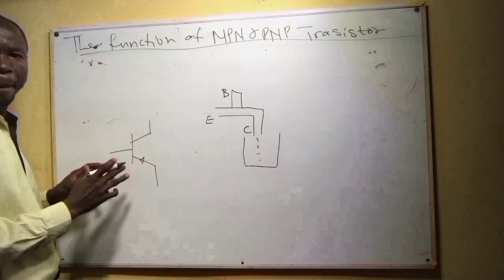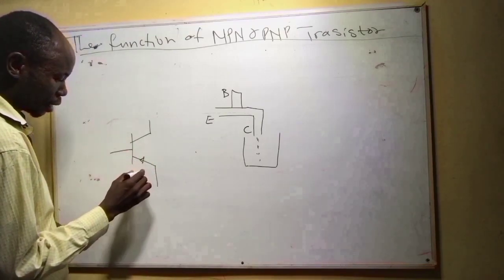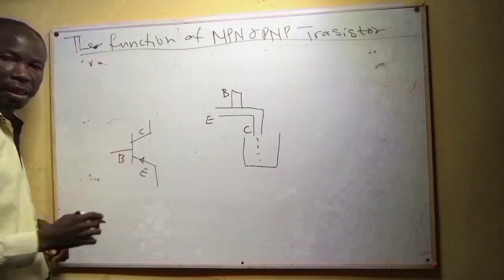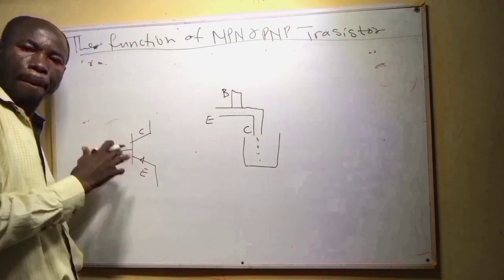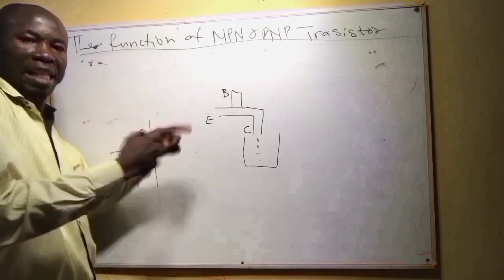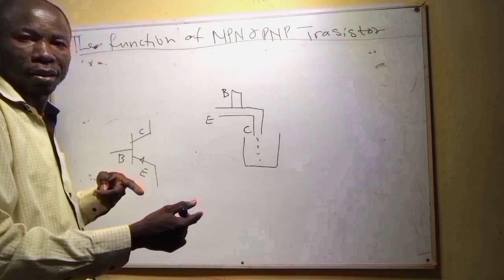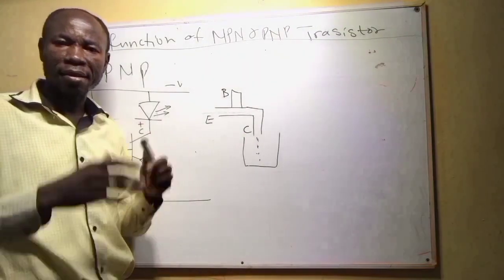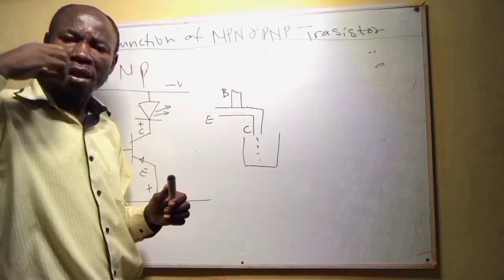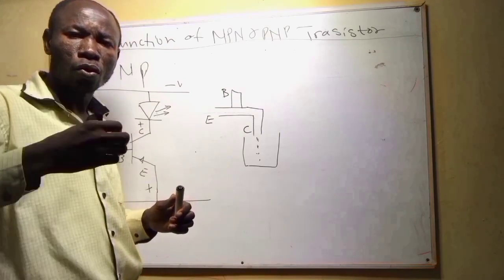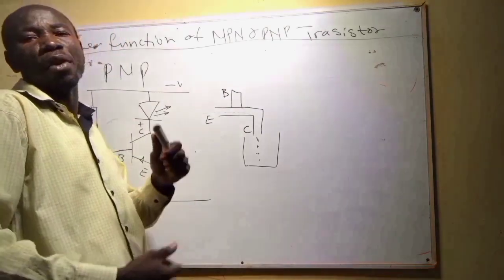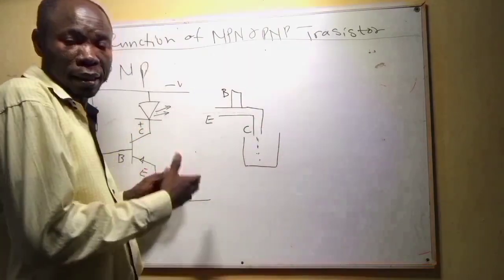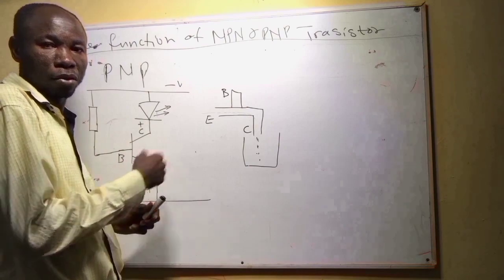This is the PNP transistor. Emitter, collector, base. The PNP transistor is vice versa to the NPN transistor. The PNP transistor needs negative at the base before it releases the positive to the load positive, and it is vice versa to the NPN.